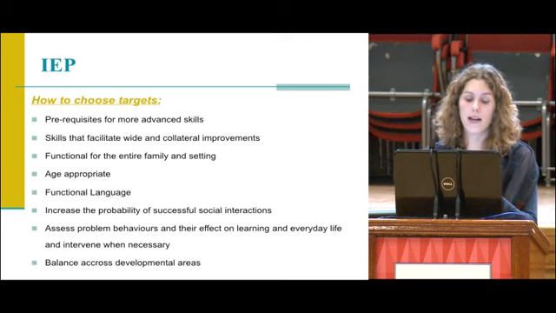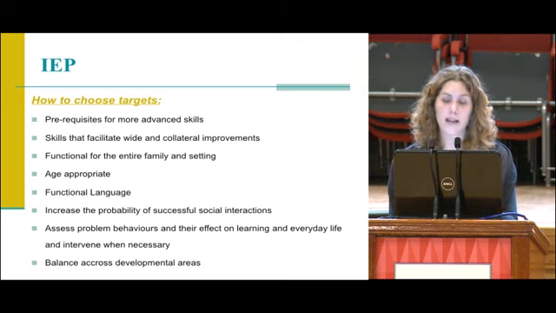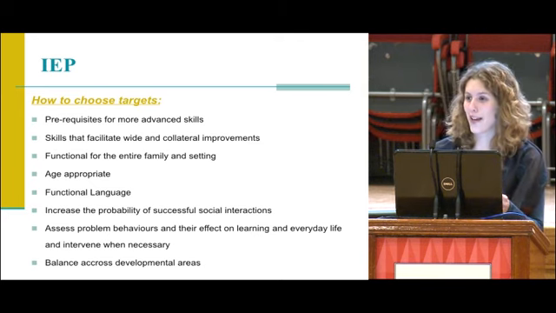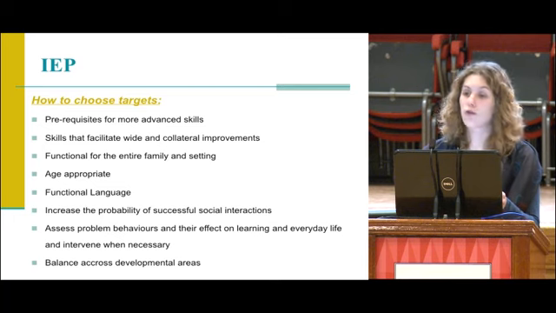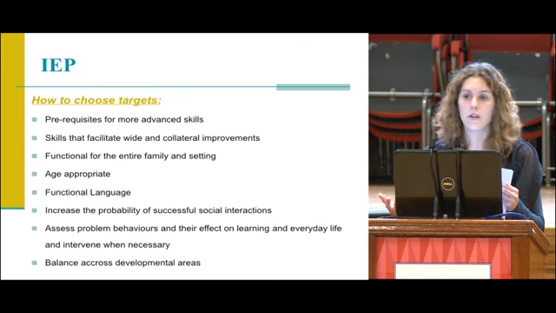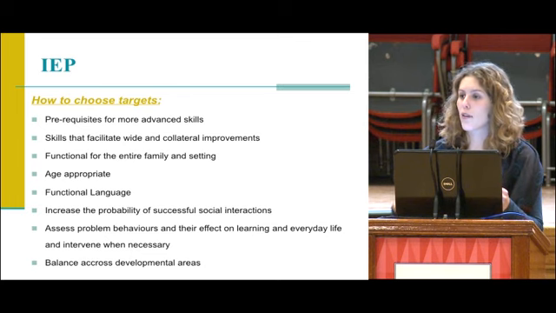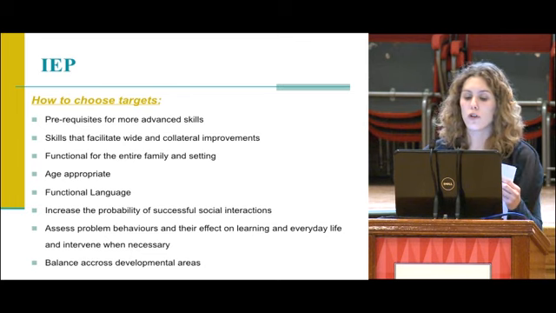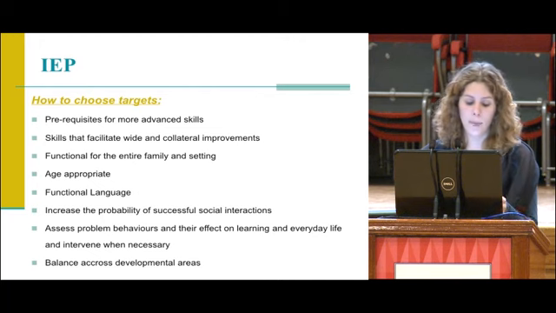So for example, teaching a child to eat a variety of foods, as we heard this morning from our colleague, will not only improve the child's health, but it will also allow him to go to restaurants with his family, to go on daily excursions with his peers, to eat in the school's restaurant with other children. So it will produce wide improvements.